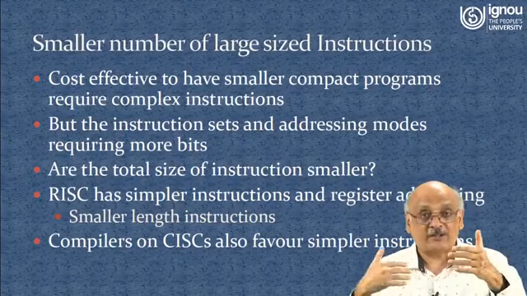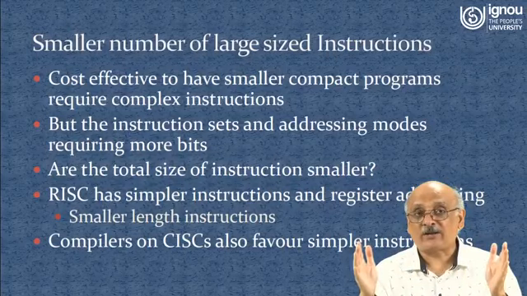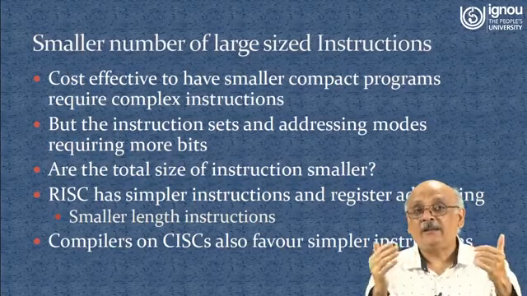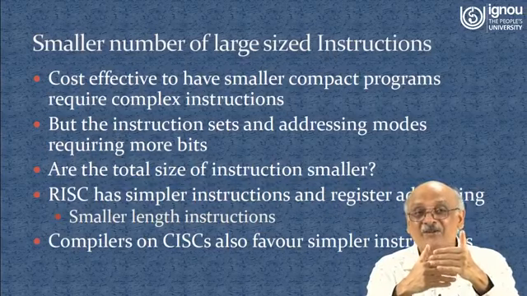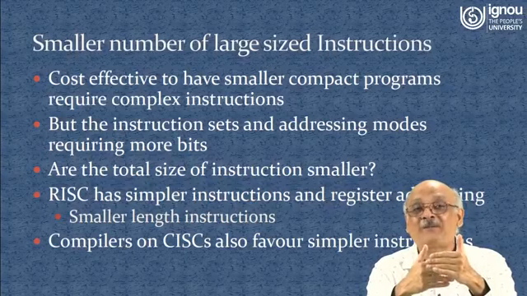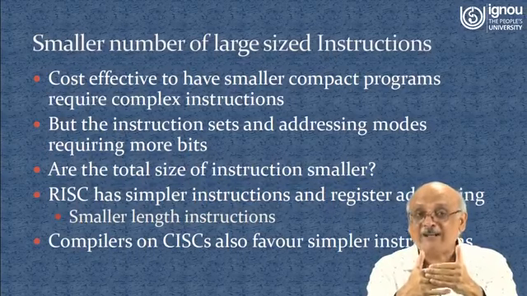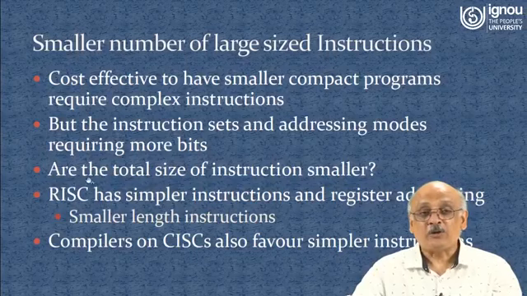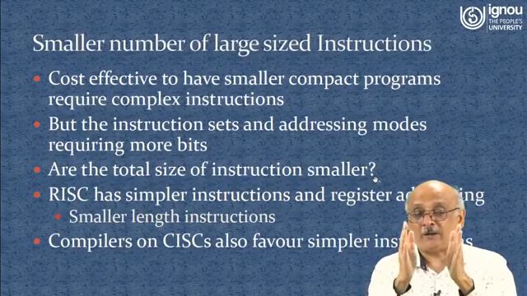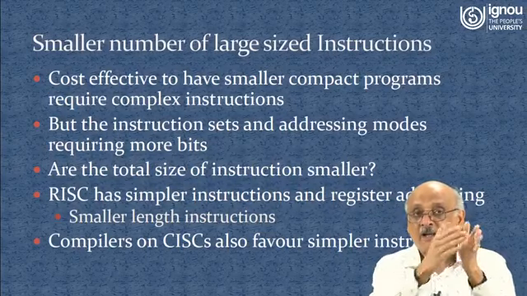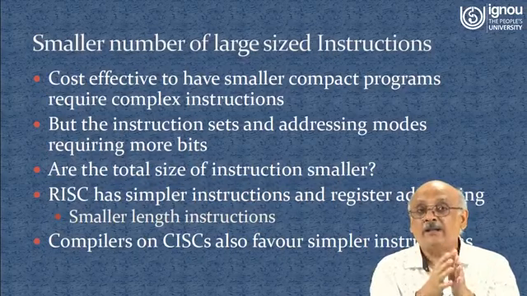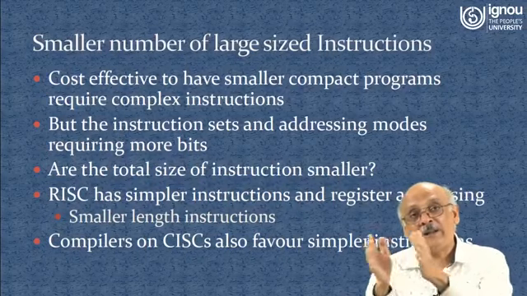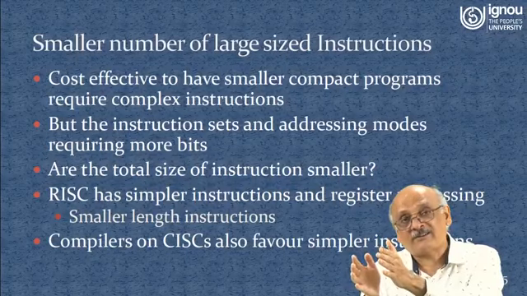The size of each instruction is a bit more, but the number of instructions required to execute a program is lesser. This is the concept of a smaller number of large size instructions within a program. So are the total size of instructions smaller? If I compute the total size, that is the number of instructions multiplied by the number of bits, is it going to be smaller than when we are using a reduced instruction set computer?